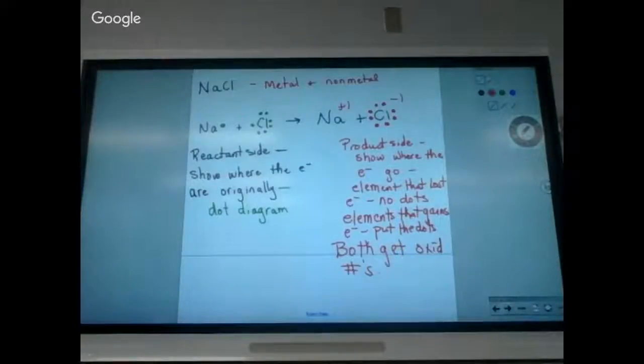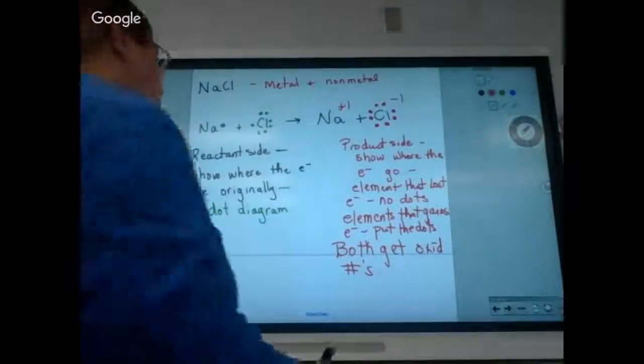What's the oxidation number of group 1? What's the oxidation number of group 17? They're the same thing. I know. Just trying to make a connection.